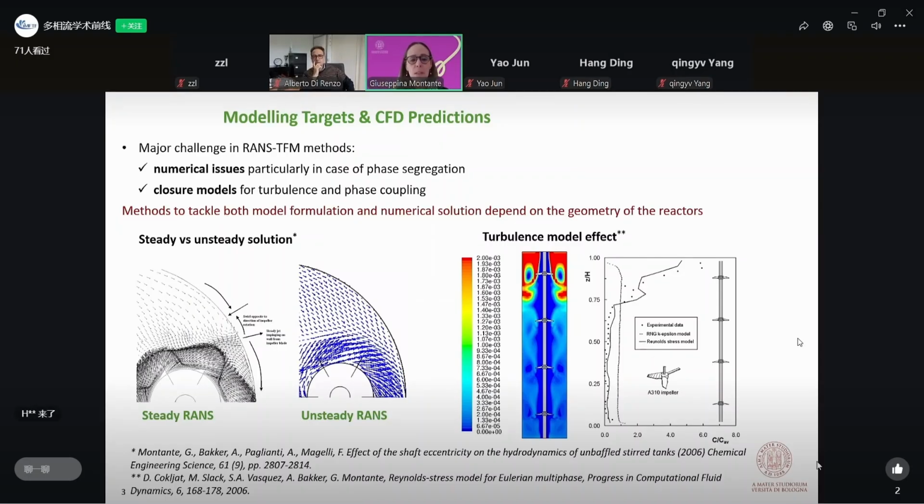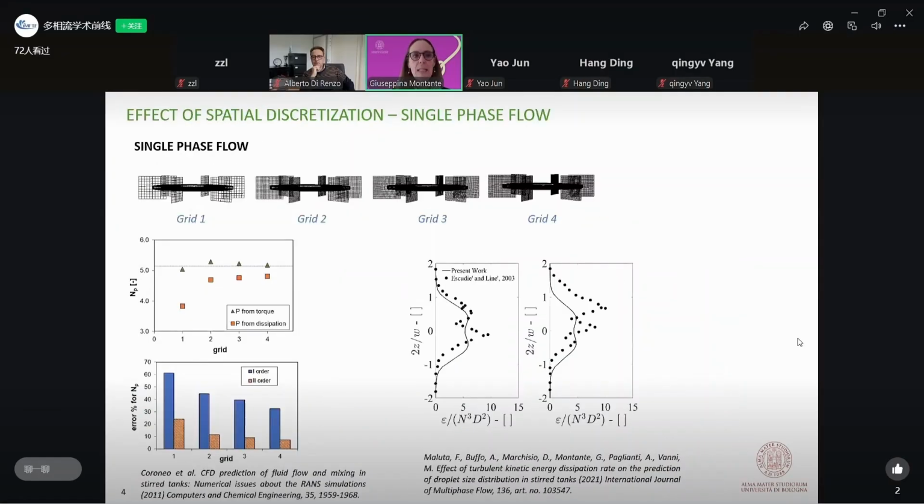So just a couple of examples for saying that even though this is a topic that has been studied, depending on the specific geometrical configuration, the multi-phase flow dynamics inside changes quite a lot, and we cannot generalize the models and the numerical solution strategies in all cases.